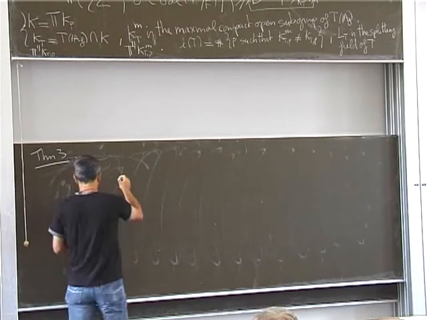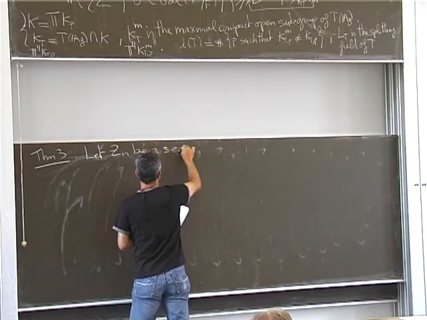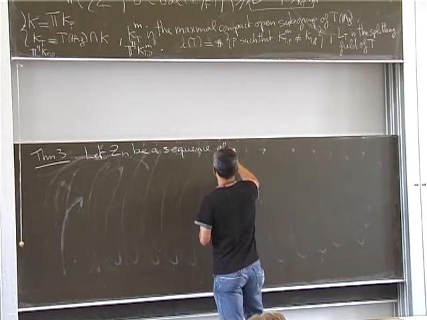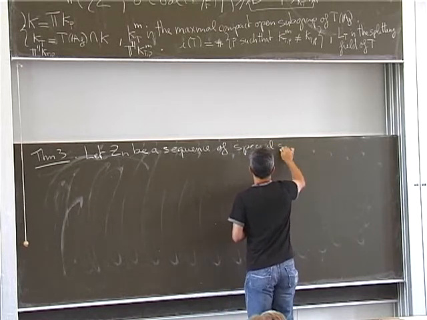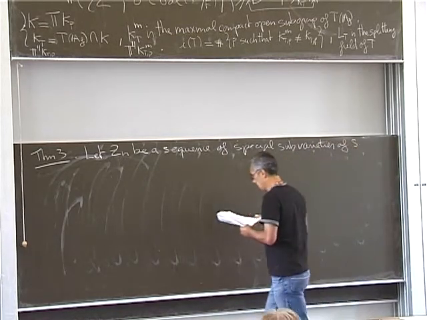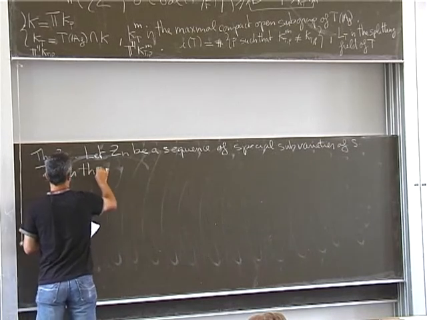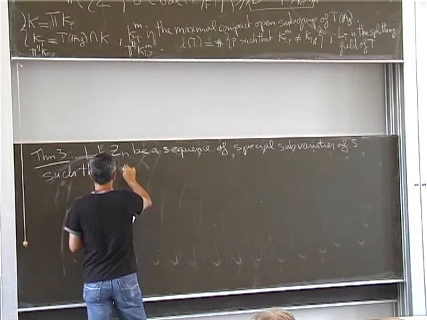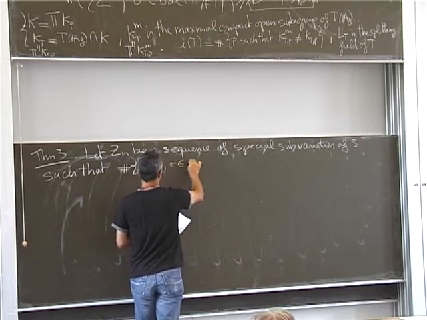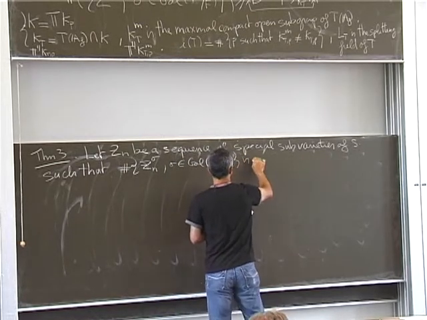Okay, let Z_n be a sequence of special subvarieties of S such that the cardinality of the set of Galois conjugates is uniformly bounded.